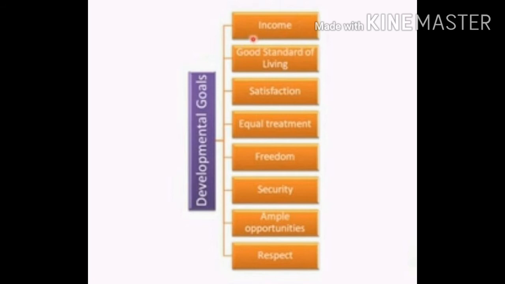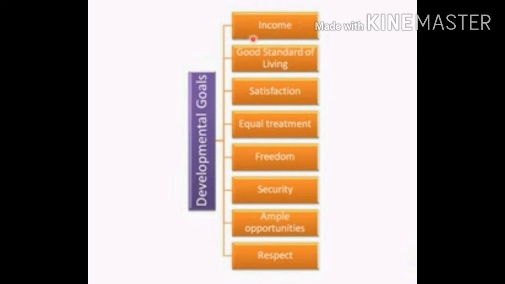Fourth is freedom. Fifth is security. Sixth is ample opportunities. And seventh is respect. In your exam, if a question is asked like, what are the important developmental goals other than income, then your answer is income as well as these different goals.